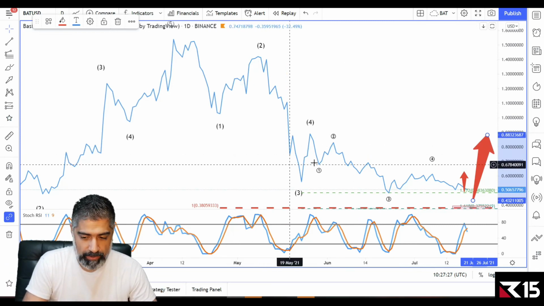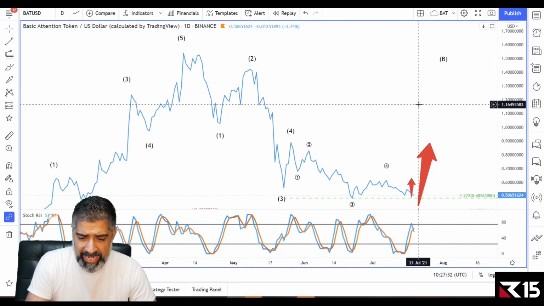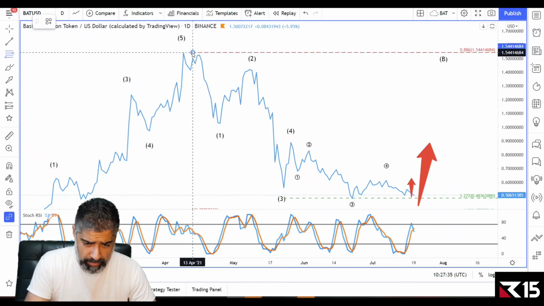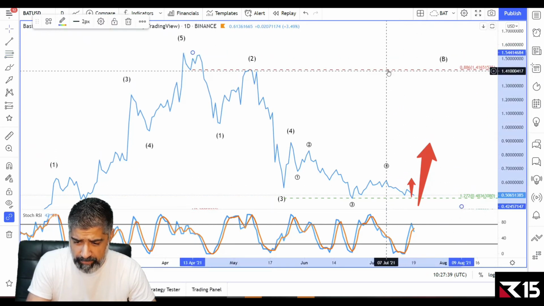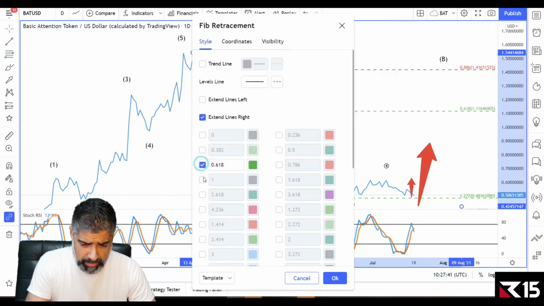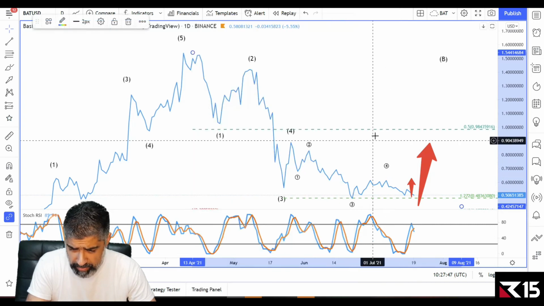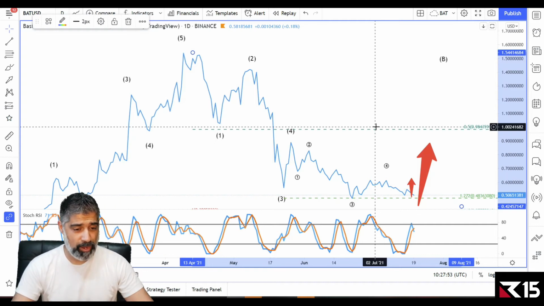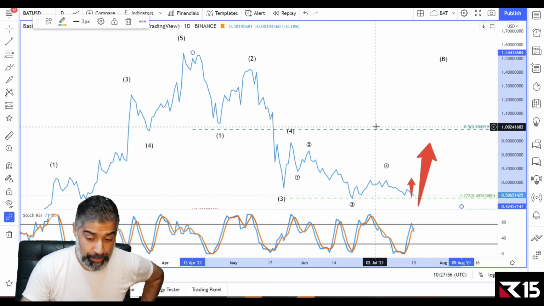And then we should anticipate a minimum of a 50% retracement. Once the low is confirmed, let's just say the low is made around here. As a minimum, we should anticipate price getting to around the $1 mark for basic attention token. In fact, we can be quite exact.